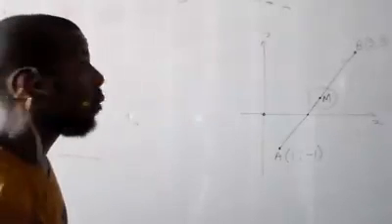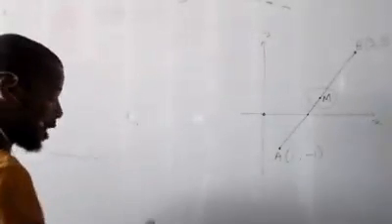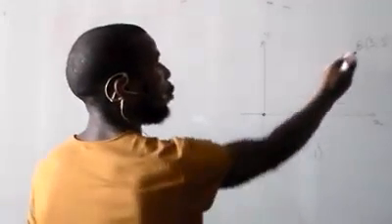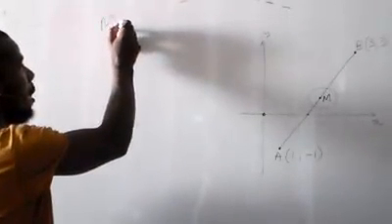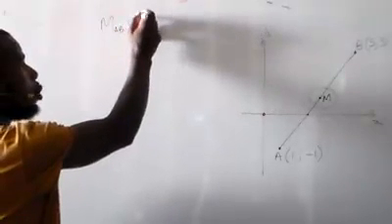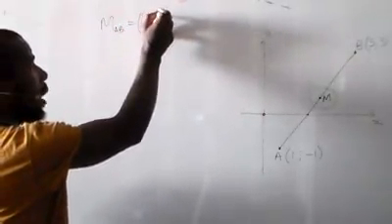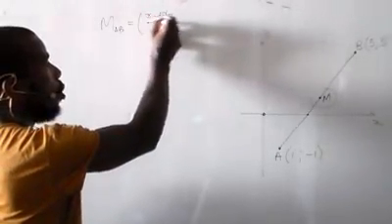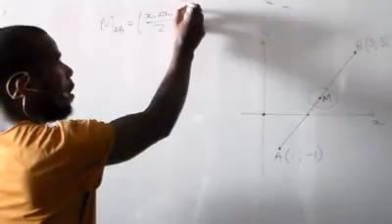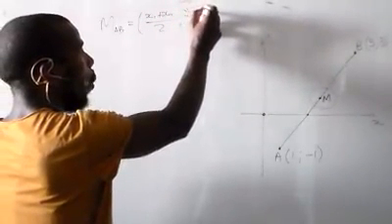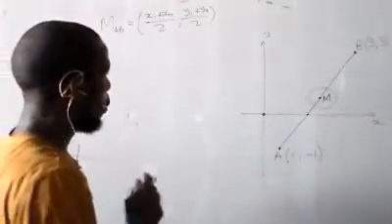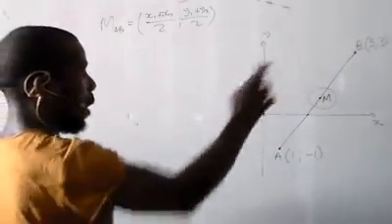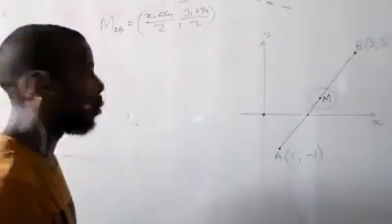So we know the formula for the midpoint, and it goes like this because we want the midpoint for this line AB. The midpoint of AB is equal to ((x1 + x2)/2 ; (y1 + y2)/2). So we take the points that we are given and substitute them into that formula.